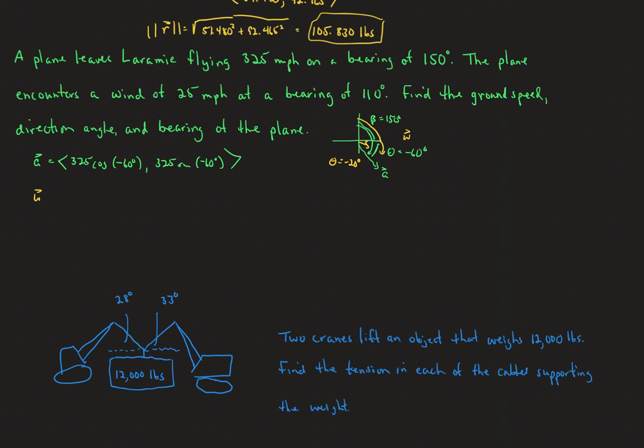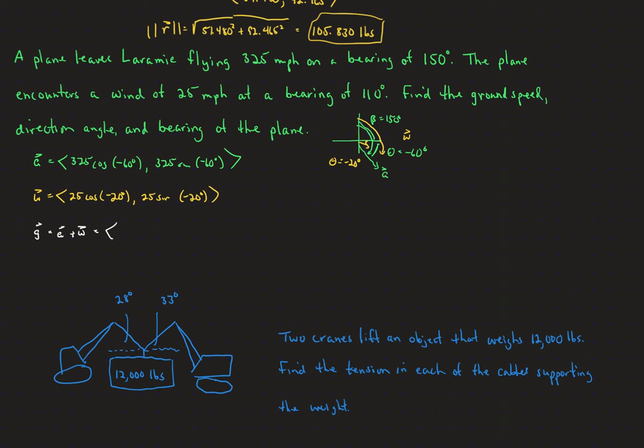So that will make our wind speed vector be <25 cosine of negative 20 degrees, 25 sine of negative 20 degrees>. So that will make our ground speed vector be the airspeed plus the wind speed.